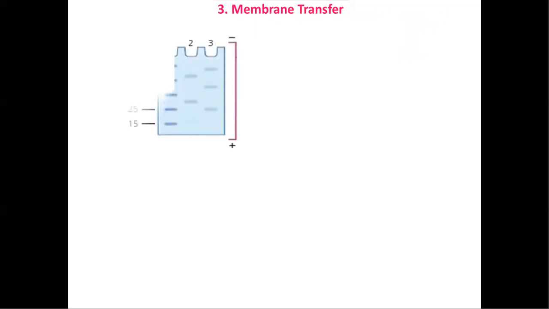The next step is known as membrane transfer. It is an essential step to transfer all proteins from the polyacrylamide gel to a suitable membrane, because the gel is a network-like structure used only for separation, but the membrane has excellent binding and retention capabilities for the blotting or fixation of protein molecules.